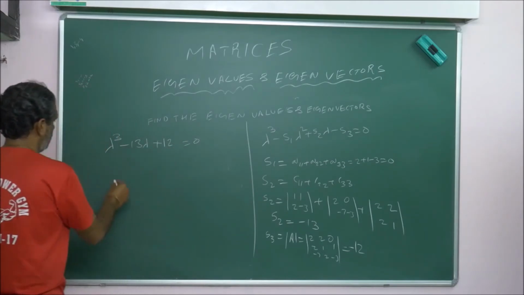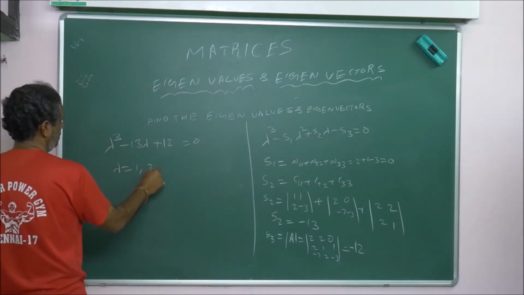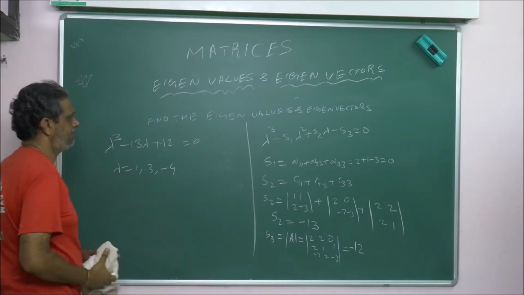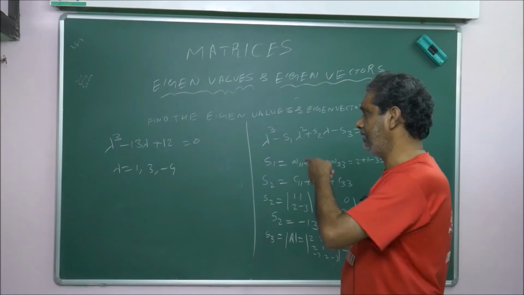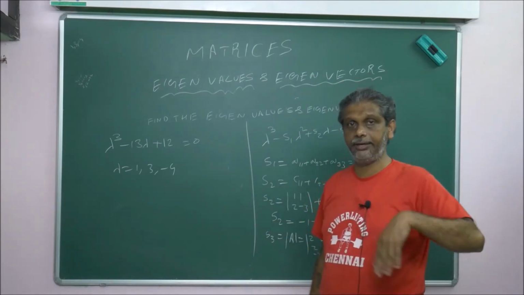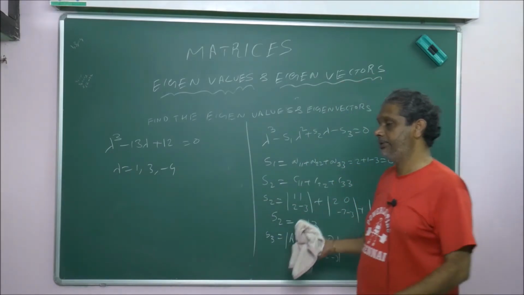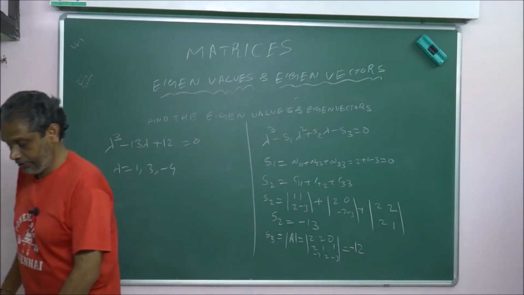This we already solved. Lambda is equal to 1, 3, minus 4, I got. You can see video number 3, where I solved the same problem clearly, with the same numbers. Just check once: 1, 3, minus 4.